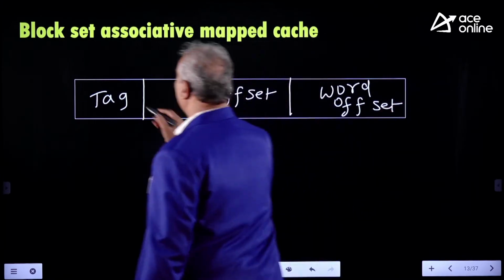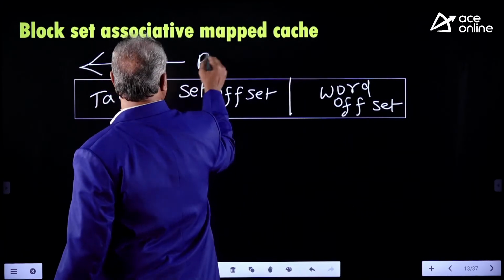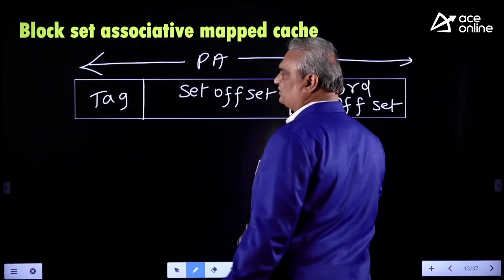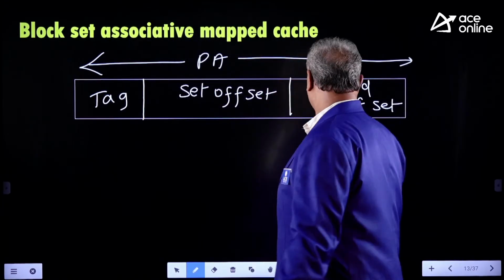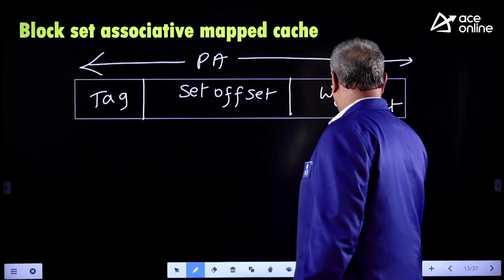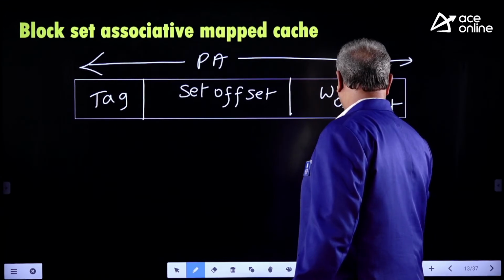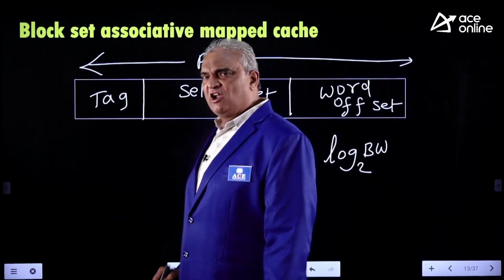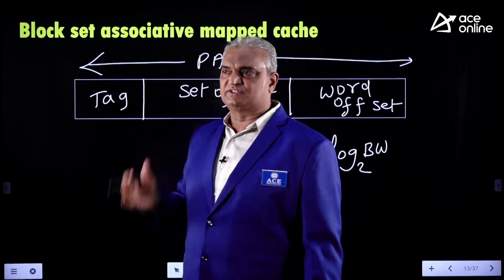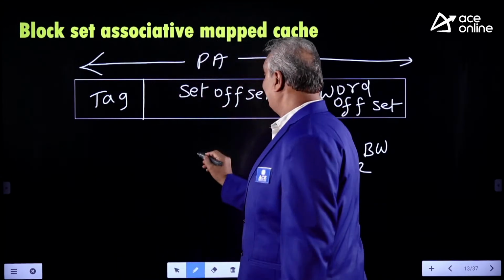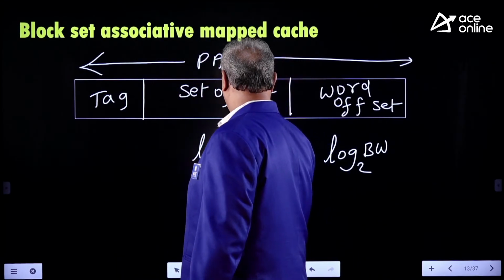What is the size of each? Same physical address. Then what is the procedure? All things are same, but here log BW means the number of bits required to select one of the words in the selected block. Here, log S.